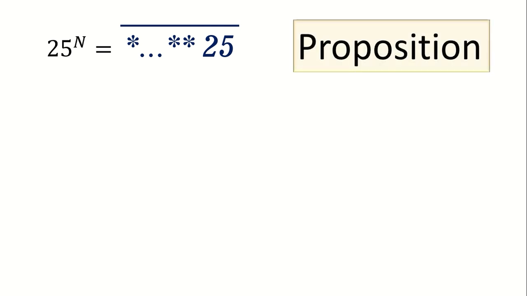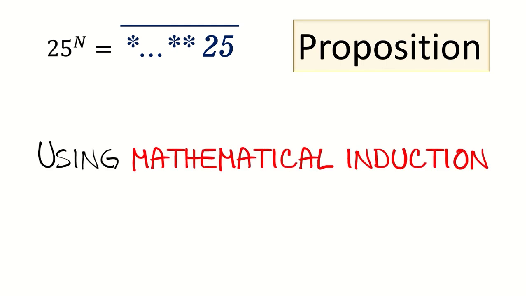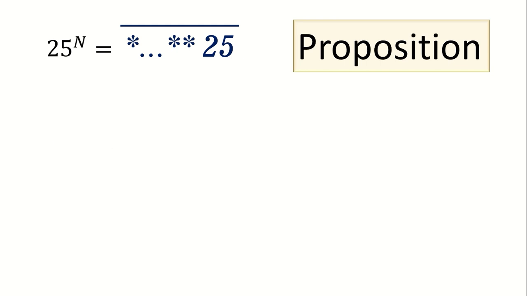The method to prove it is mathematical induction, which is a way to prove a statement level by level. First of all, 25 to the power of 1 has 25 as its two rightmost digits. So the first condition is proved.